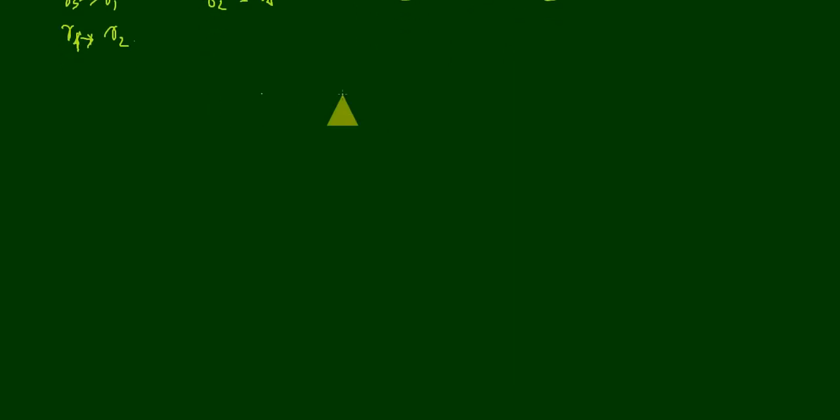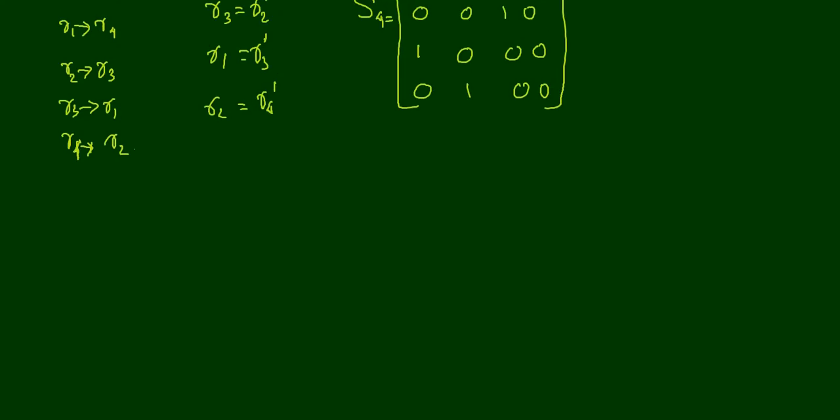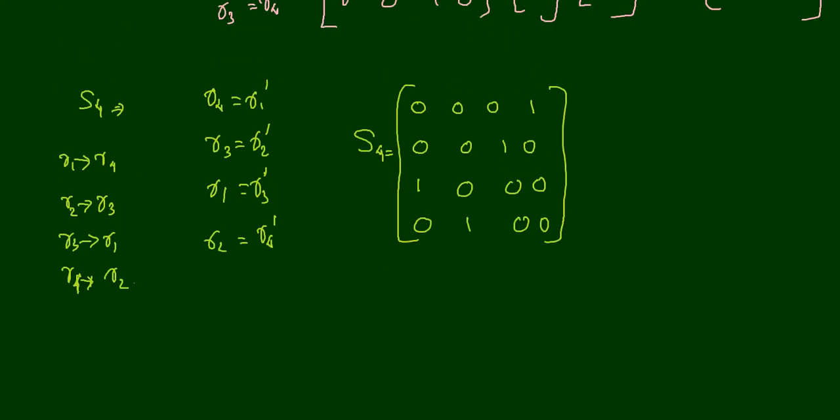Therefore, the changes happening during the sigma d operation are: R1 dash is equal to R1 itself, because R1 is not changing its position, and R2 dash is equal to R2 itself. But R3 dash is equal to R4 because they are exchanging their position, and R4 dash is equal to R3.